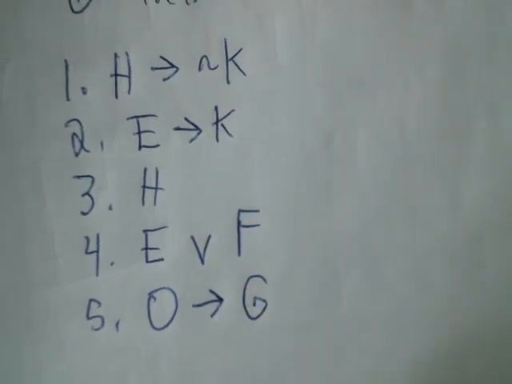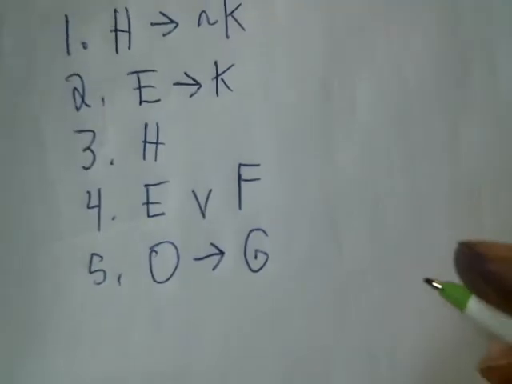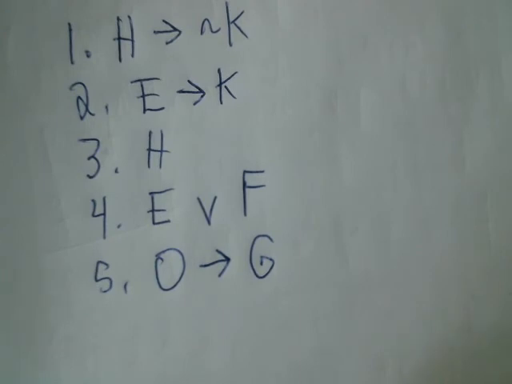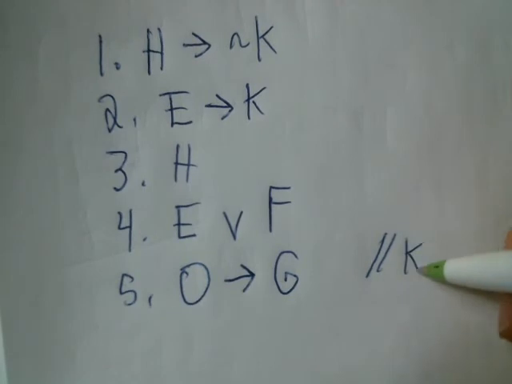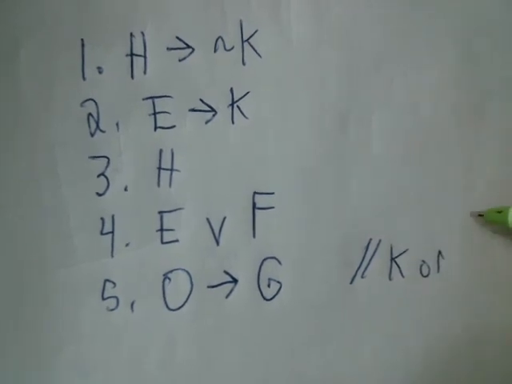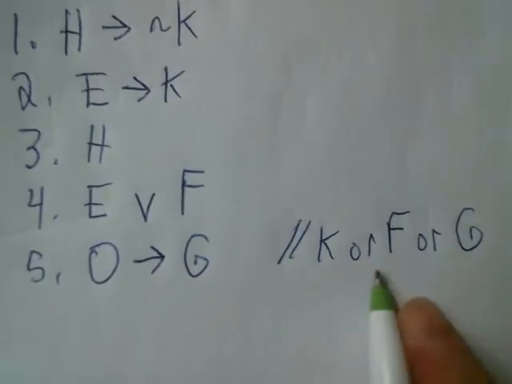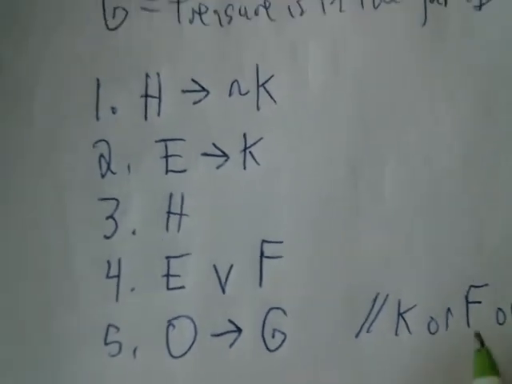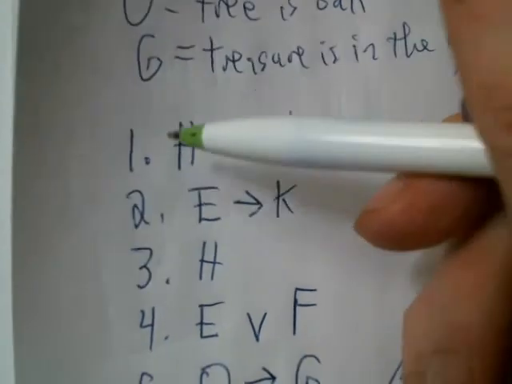I need to figure out where the treasure is, and I'm going to use the argument forms to move toward that result. So I need to conclude K, or I need to conclude F, or G. The treasure is in the kitchen, or under the flagpole, or in the garage. I need to get to one of those places using the argument rules. The first argument rule I see, and the most common, is modus ponens.